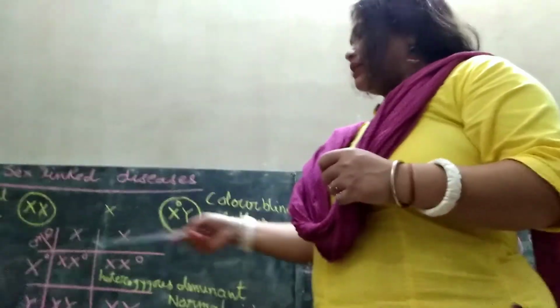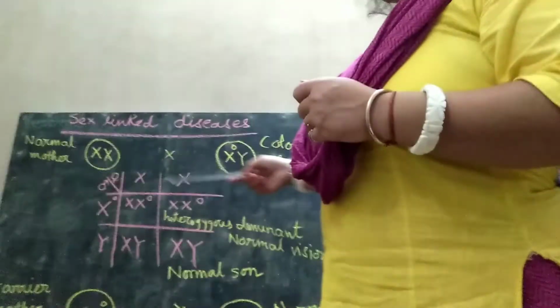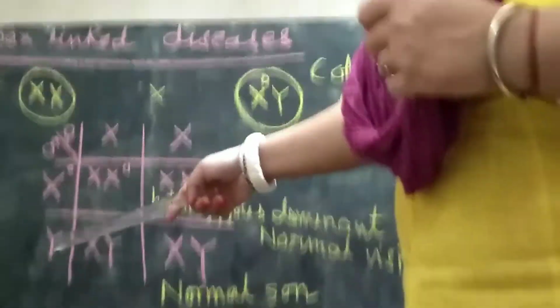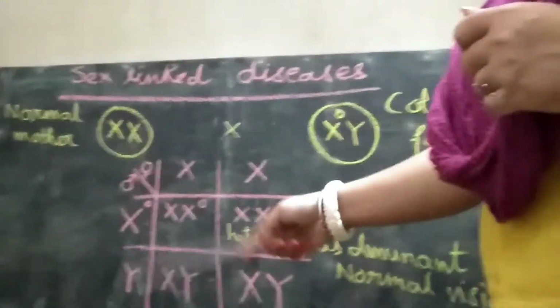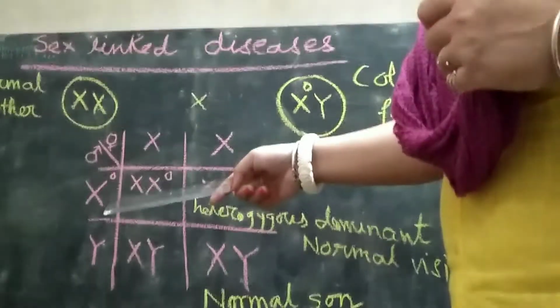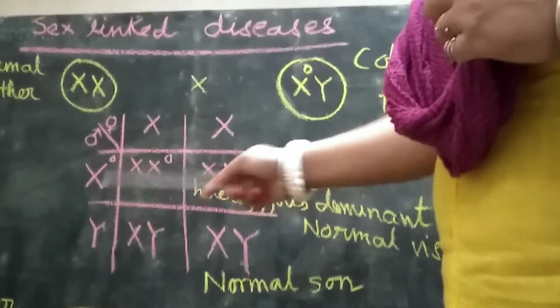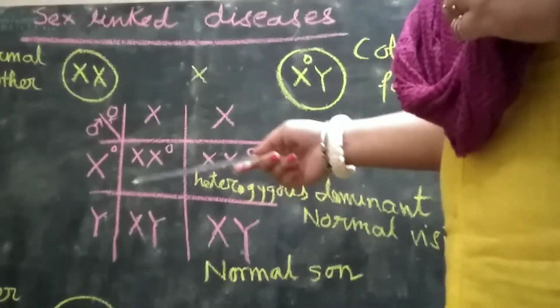Definitely the mother will produce normal gametes, XX, but the father will produce two types of sperms: X0-bearing sperms and Y-bearing sperms. Whenever these fuse, it will produce XX0.